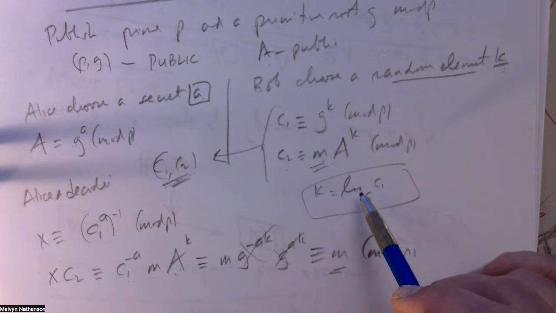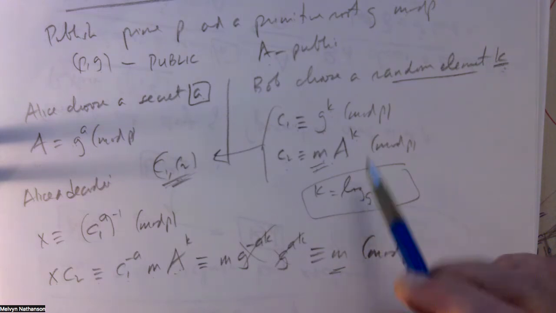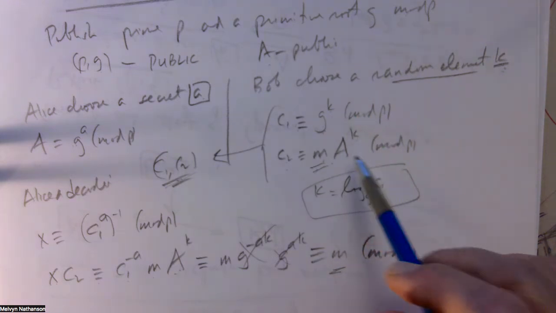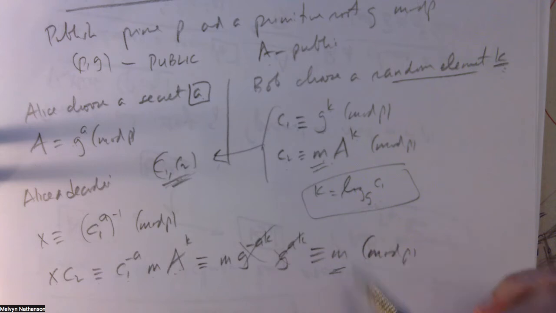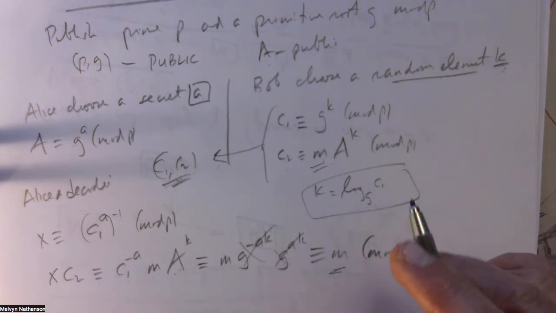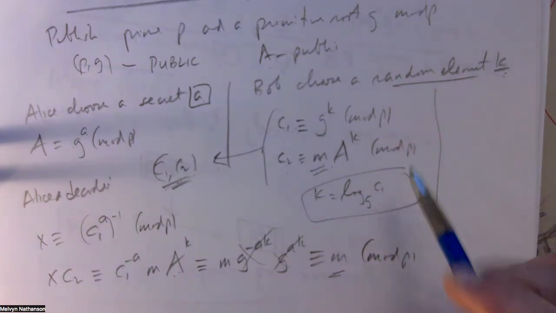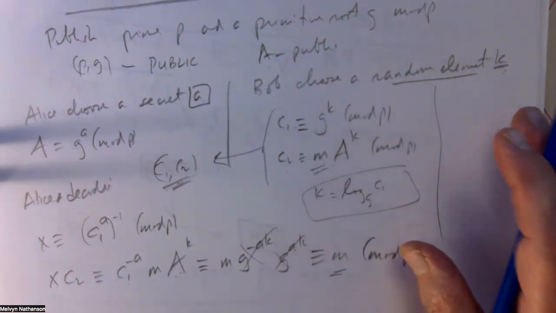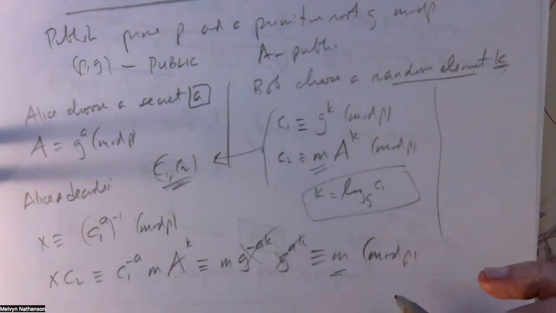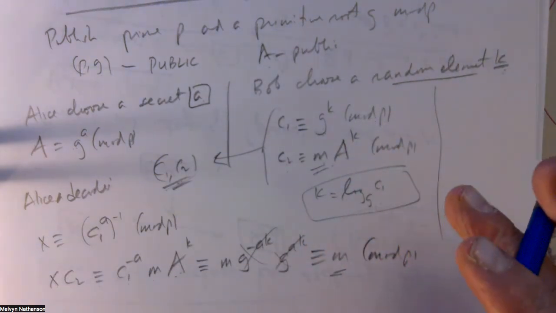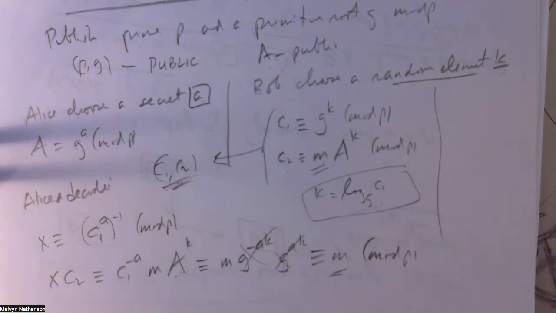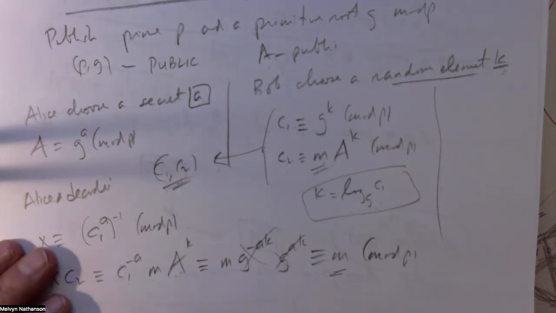And no one knows how to do that. And if you don't know how to do that, it's not obvious how you could break this code at all. And it seems to be, given the impossibility of solving the discrete logarithm problem in polynomial time or a reasonably short time, that this is a secure public key crypto system. This is the Elgamal system.